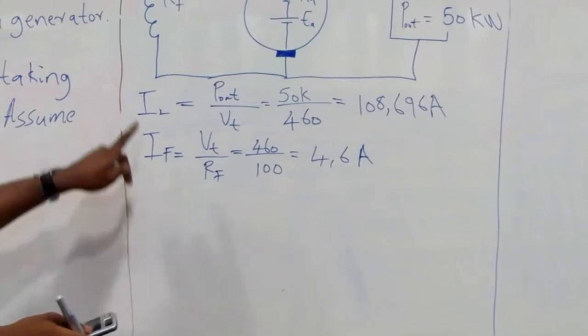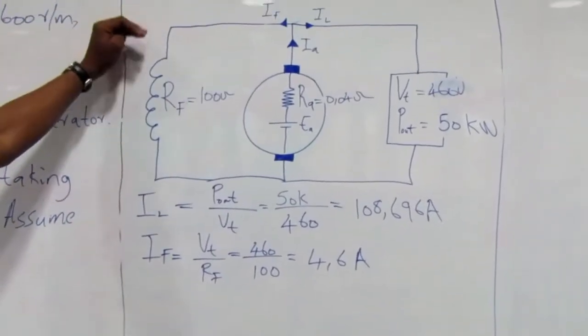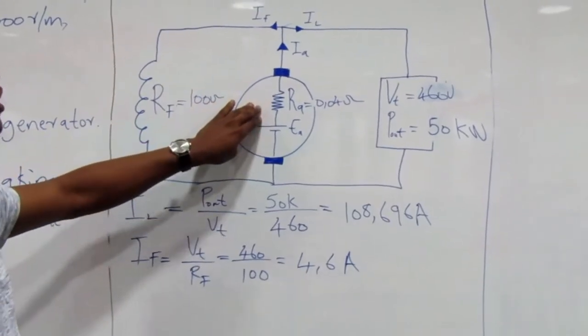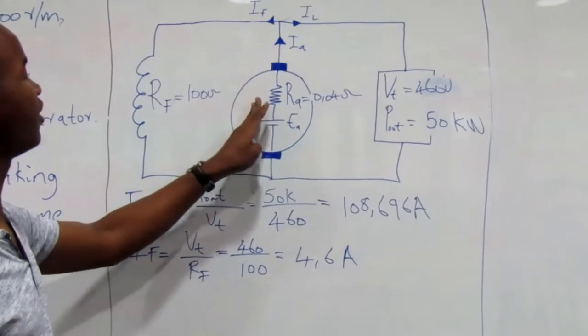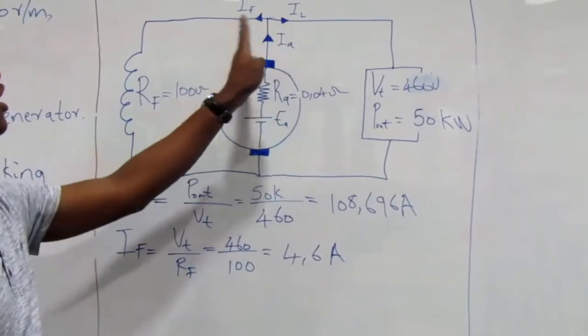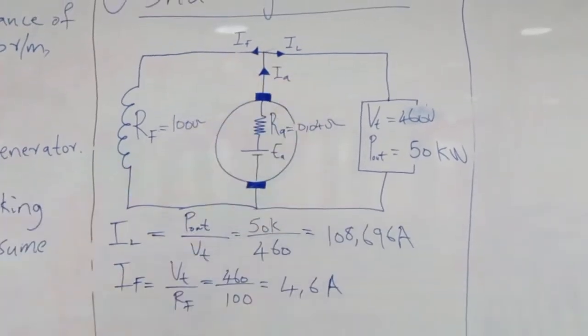Now, since we have IL and IF, remember, for a shunt generator, this armature we consider as our source, meaning the current starts flowing here. Our IA is going to divide into two, where we get IF and IL.